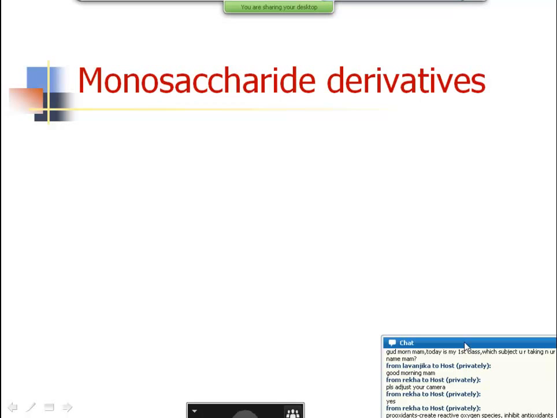You have superoxides, hydroxide ions, and hydrogen peroxide. These are all free radicals, the reactive oxygen species, and they will be acted upon by the antioxidants. Because free radicals have positive roles and also negative roles in the body. When they have negative roles, the antioxidants will inhibit their effect. So those are pro-oxidants.